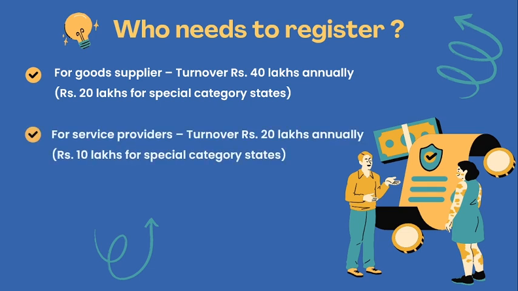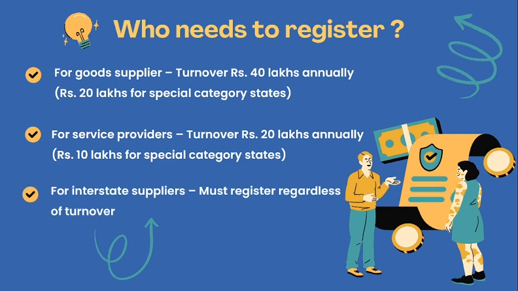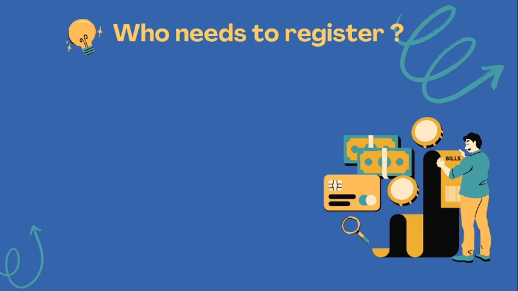For service providers, it is 20 lakh annually and rupees 10 lakh in special category states as mentioned earlier. Suppliers who are engaged in interstate supplies must register regardless of turnover. Registration is also mandatory for e-commerce operators like Amazon, Zomato, MakeMyTrip, Uber, etc.